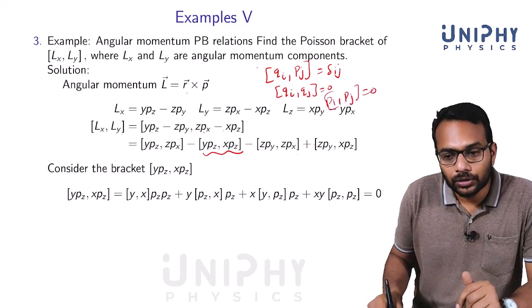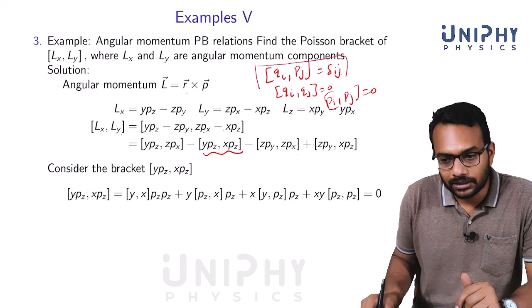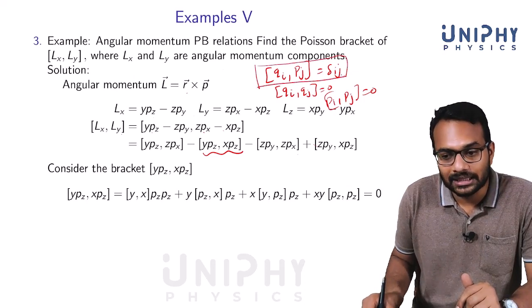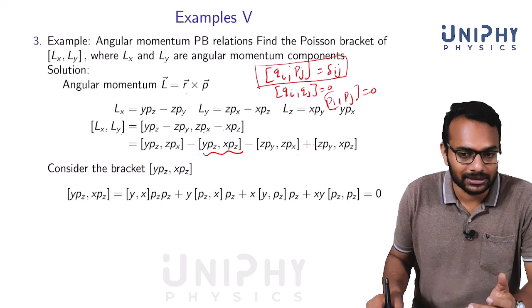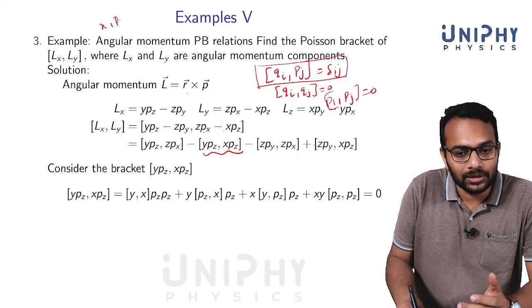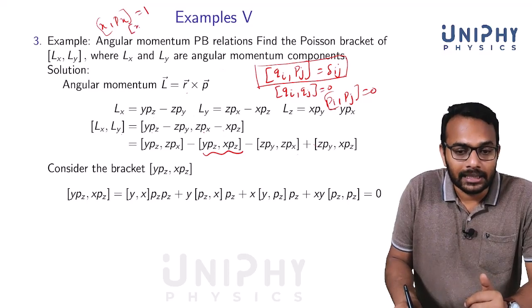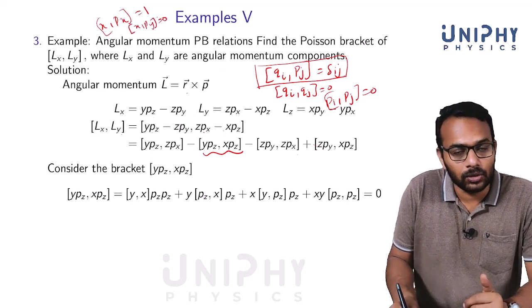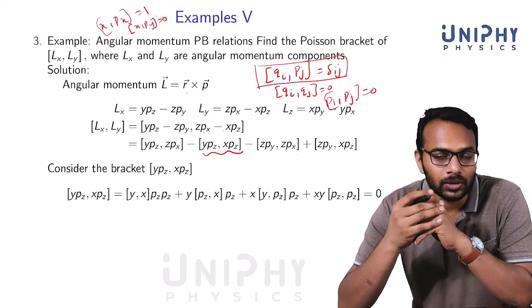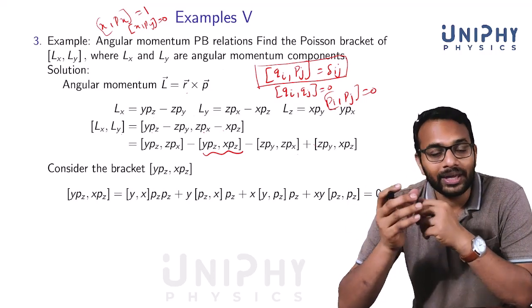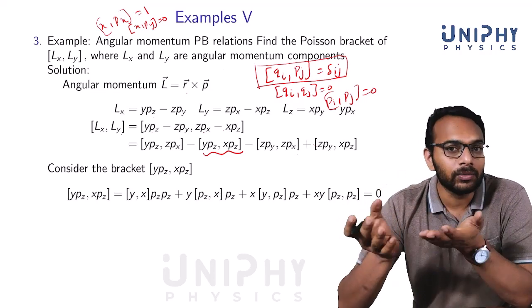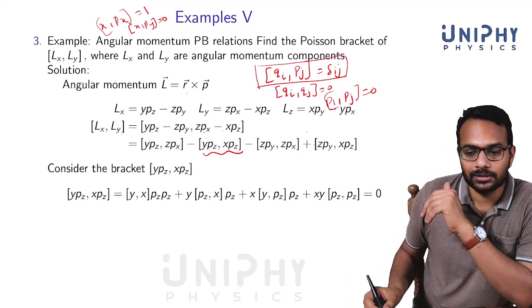So the only non-zero bracket is if i is equal to j. I hope this is clear. This means that x with Px is equal to 1, and x with Py is 0. Similarly, Px with Py is 0, Py with Pz is 0, x with Pz is 0, y with Py is 1. So we can use that result.